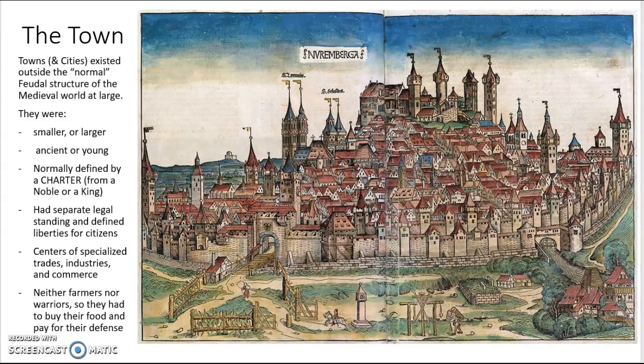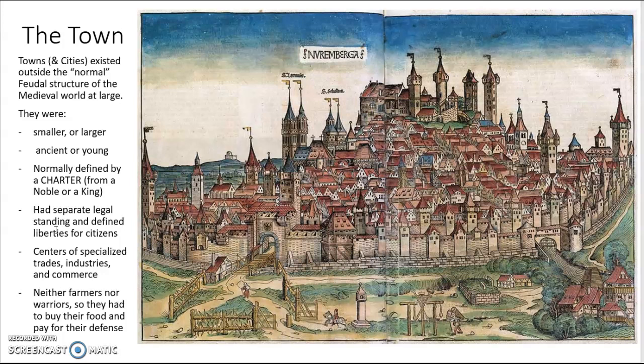But what that means is that these people aren't farmers, and they're also not warriors, right? So they produce a lot of the specialized goods of an unusually particular, craftsman sort of nature.